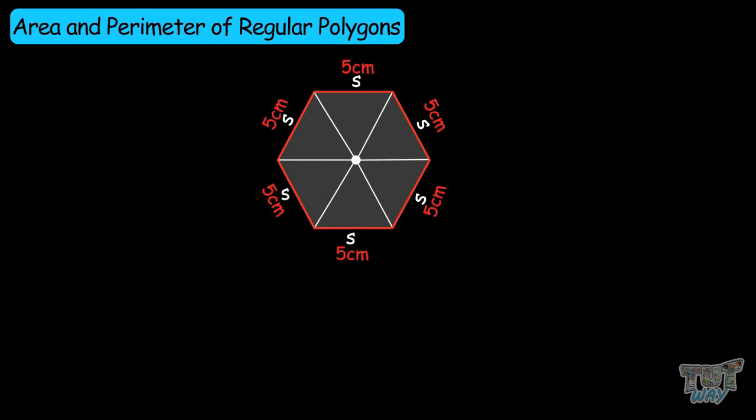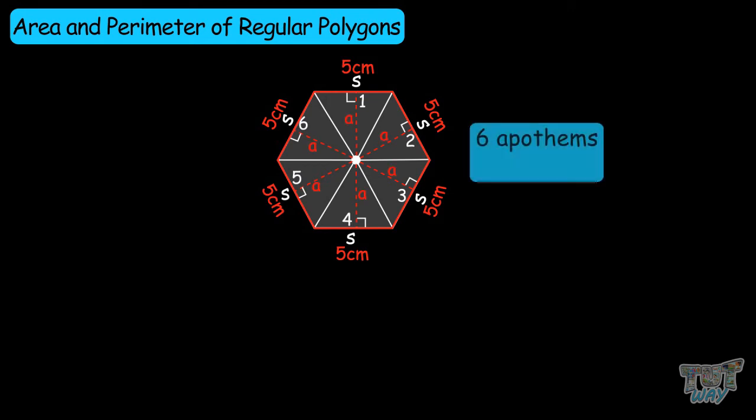And the height of every triangle will be a perpendicular drawn from the center of the hexagon to the side. In every triangle, you can draw the perpendicular from the center to the sides. You will have 6 perpendiculars, and these perpendiculars are called apothems. So you have 6 apothems and 6 sides.